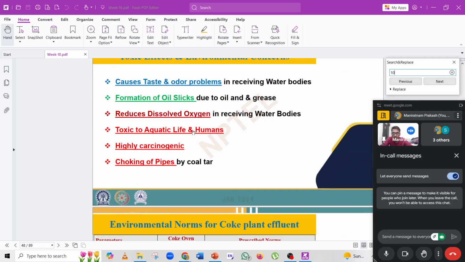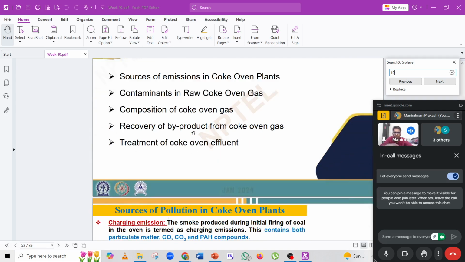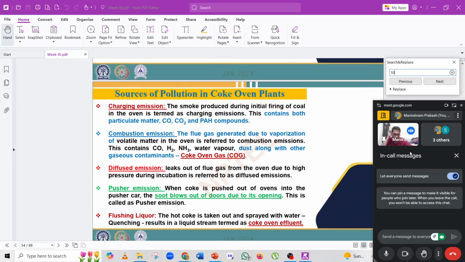CPCB is there for normal discharge, but for industrial there is some IS code. Has anyone gone through the lecture?